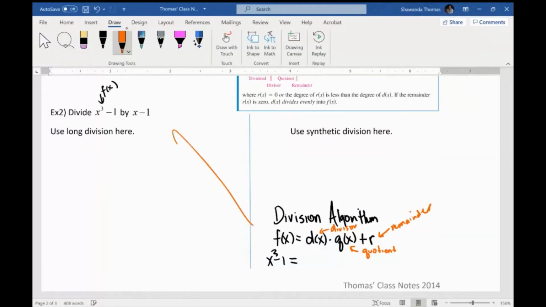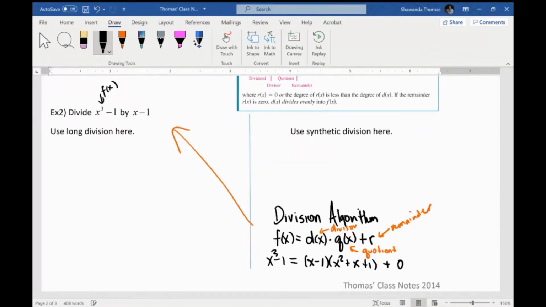For this particular problem, the d of x is your x minus 1. The divisor is the x minus 1. Your answer is the quotient, and our answer was x squared plus x plus 1. Our remainder was 0.